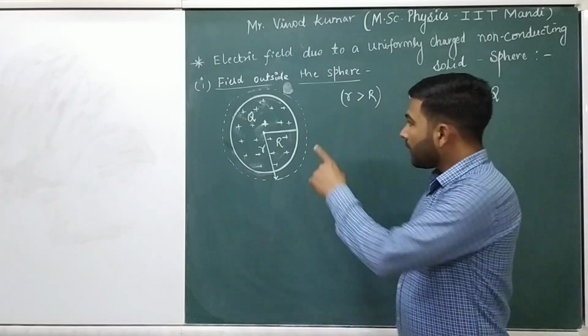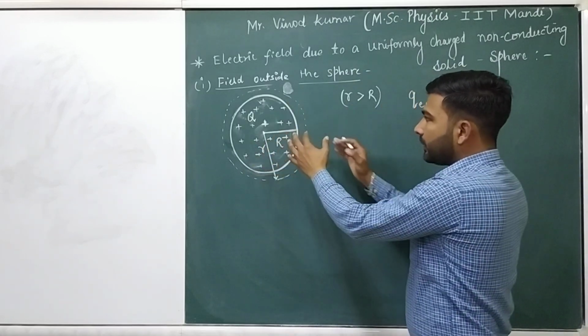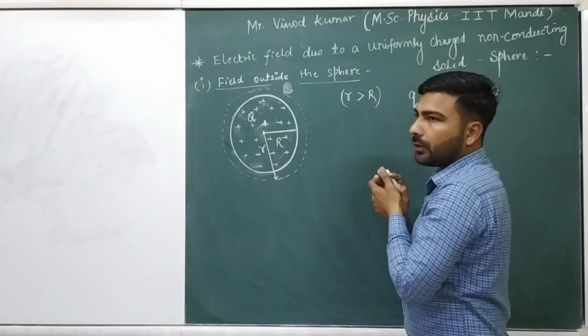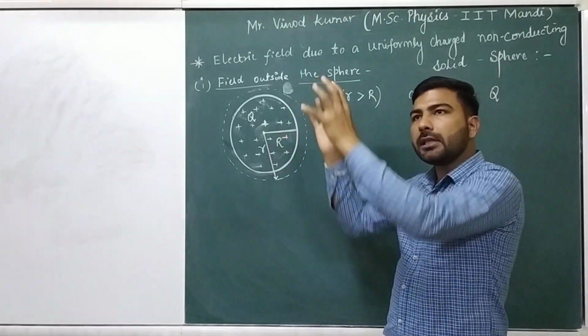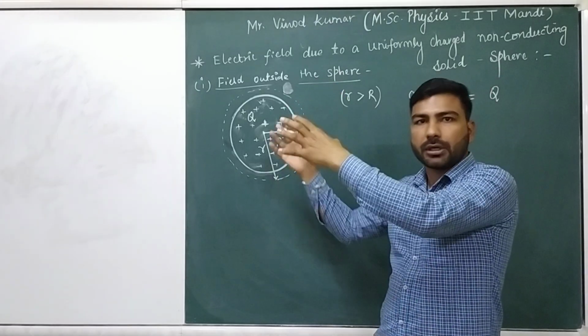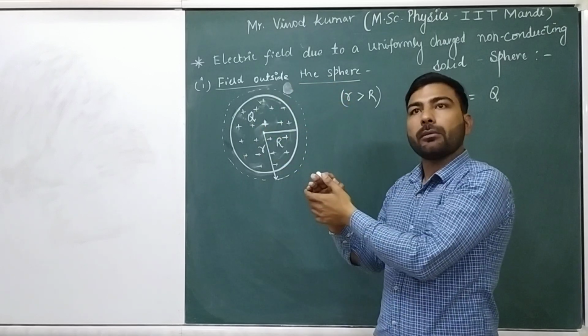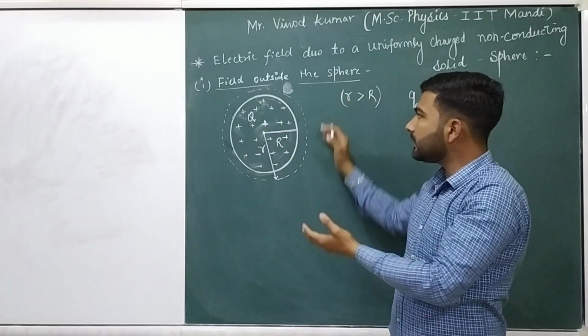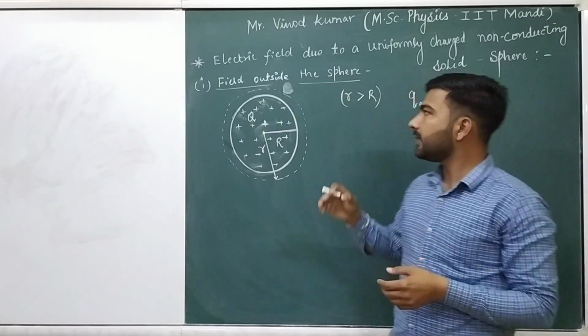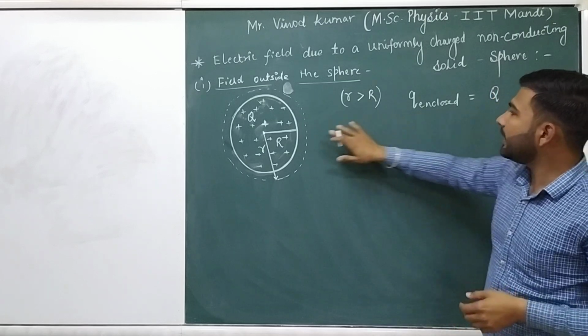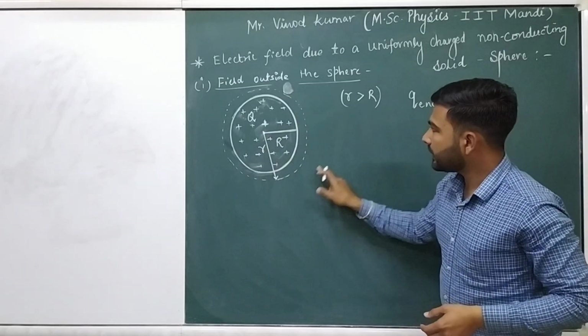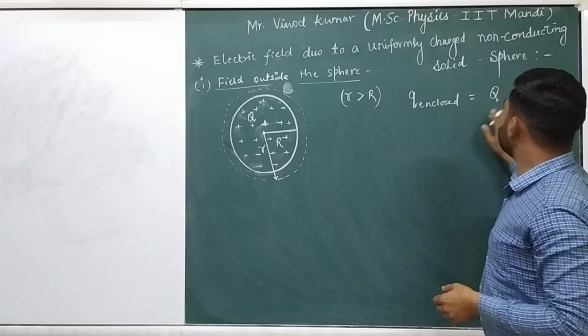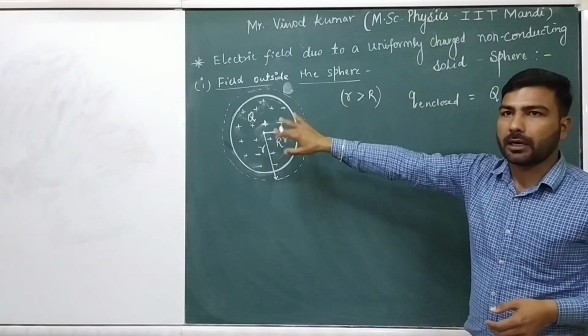Whatever charge is on the inner sphere will also be part of this outer sphere. So the charge enclosed by this outer sphere is the charge on the solid sphere.